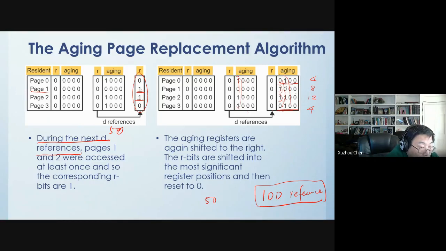Now these two have been referenced in the first 50 reference period, but both of these are not referenced in the second 50 reference period. So these two should be replaced.